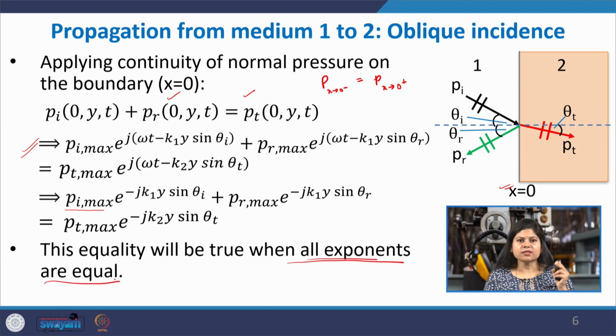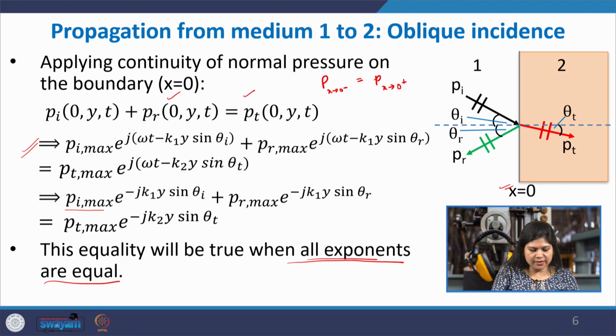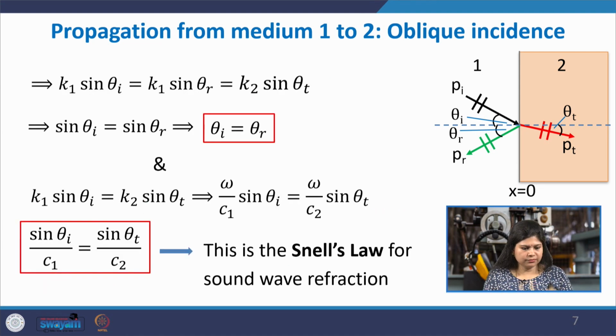We have already struck off this e to the power j omega t from everywhere, and this is what we are arriving at. So, we equate these exponents. All of this has to be equal to each other. So, every term's exponent has to be the same for the equality to hold true.